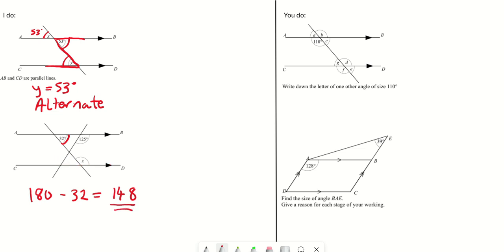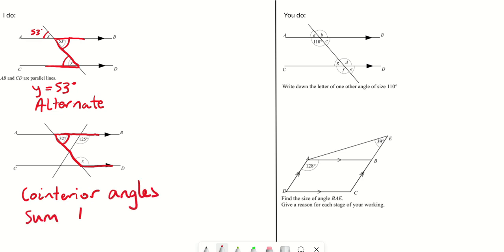Now, there is another rule that we can apply here. So we're using that line, and this line. We call this the C rule, or we can call it co-interior. Co-interior angles sum to 180.